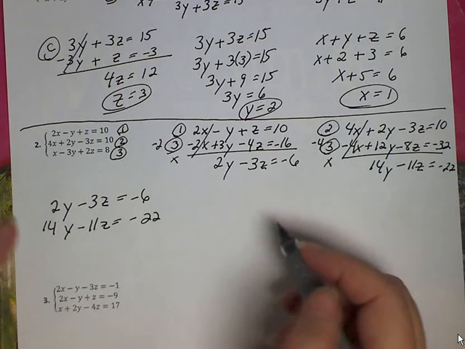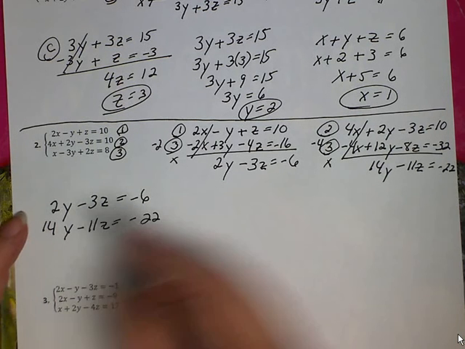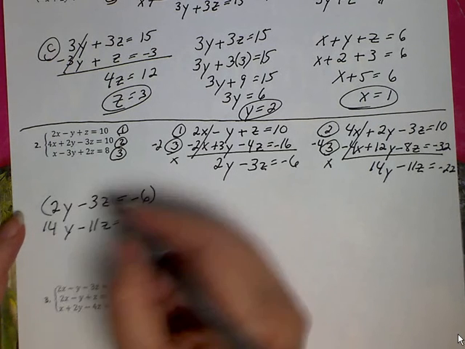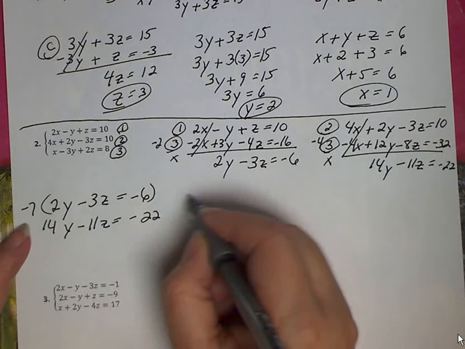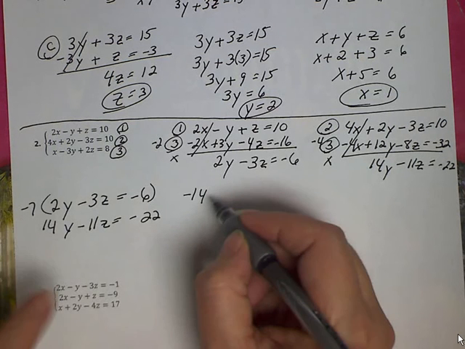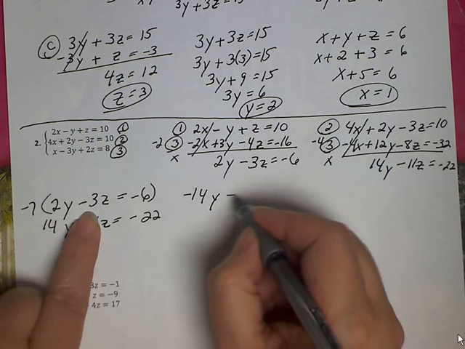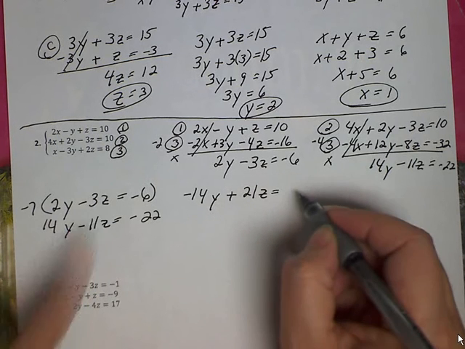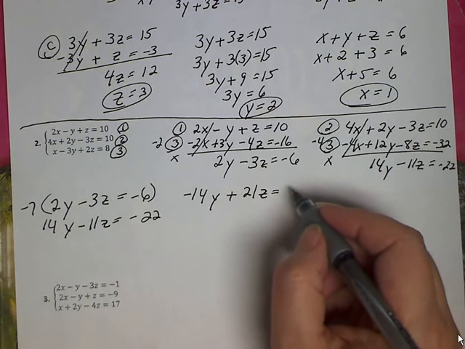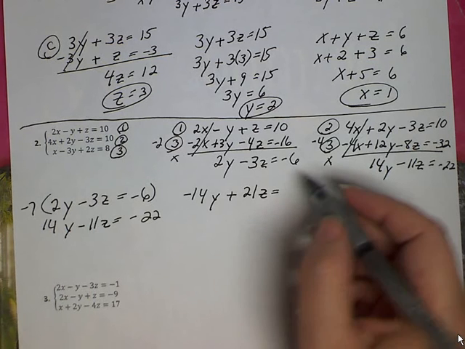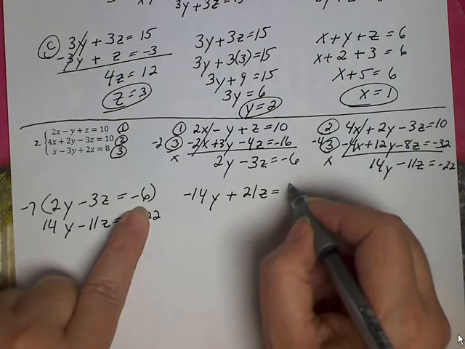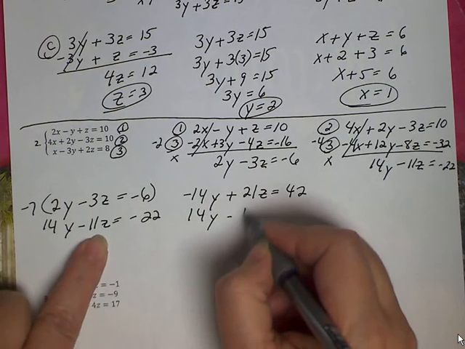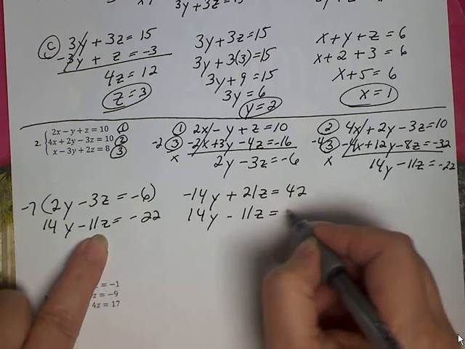Might as well get rid of my y's. I'm going to multiply the top by negative 7. So I have negative 14y, negative is positive, 21z is equal to 6 times 7 is 42, negative is positive, so 42. 14y minus 11z is equal to a negative 22.